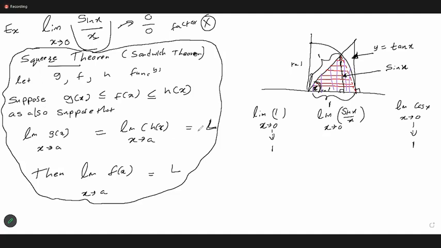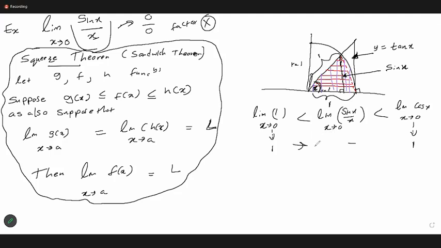So the same thing we are now going to apply here. We are at this question. We just take the limits also. The limit of 1 is equal to 1. The limit of cos x when x approaches 0 is equal to 1. So these two are equal.